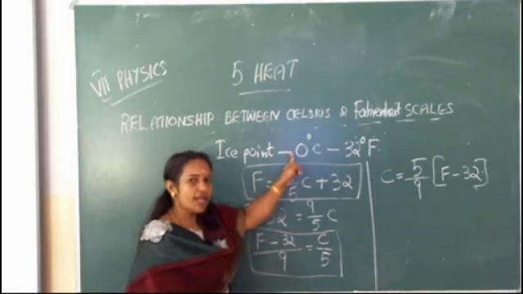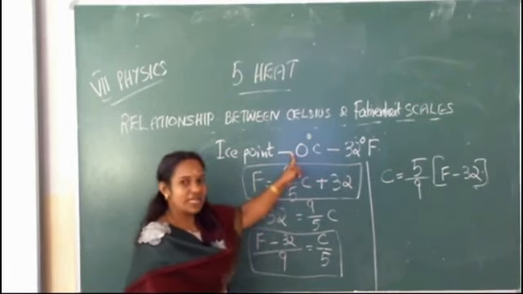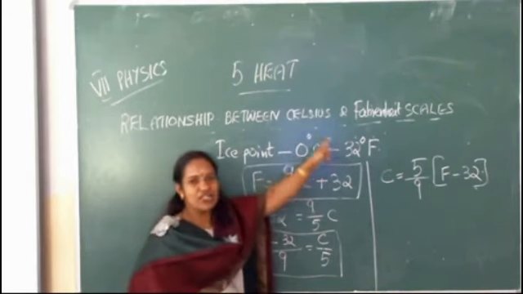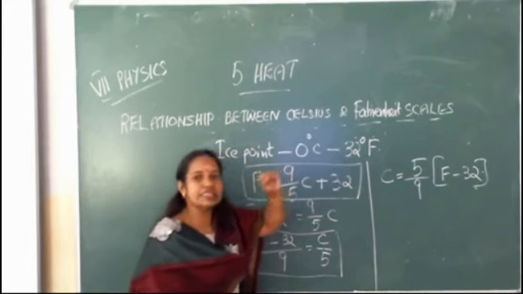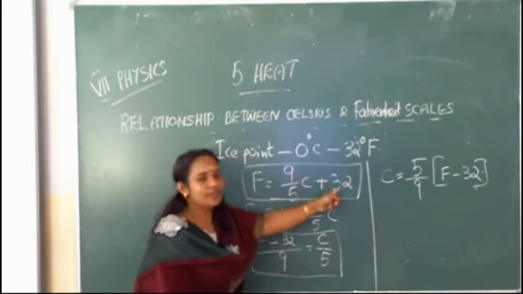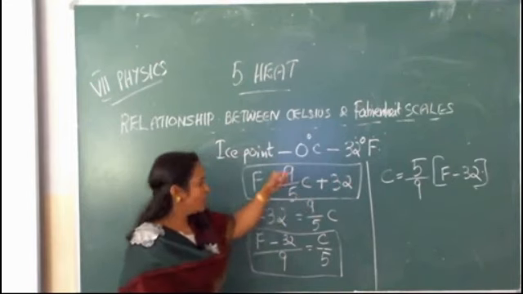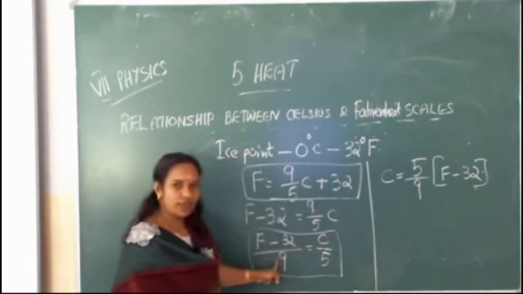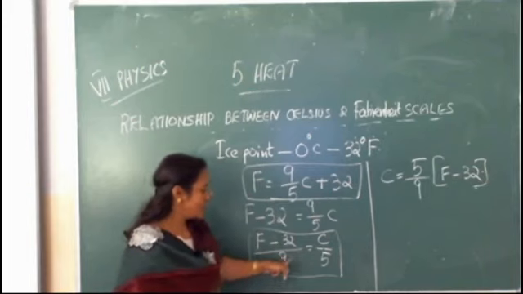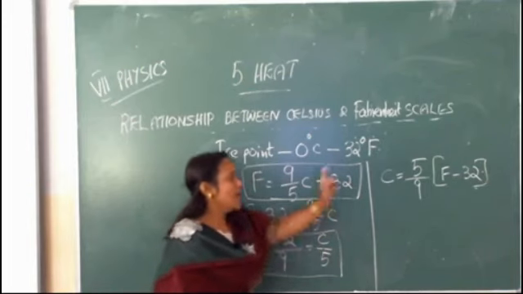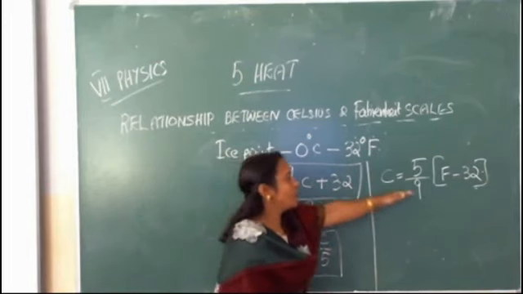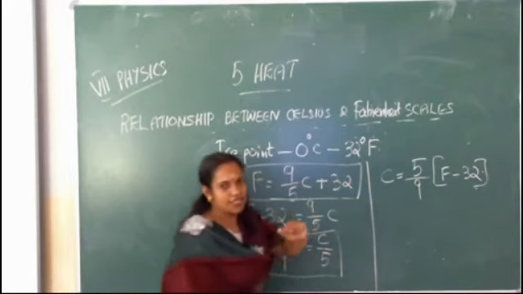Also we know that the starting temperature in Celsius scale is 0 but the starting temperature in Fahrenheit is 32. So just add 32. Then this is one form of equation. If you are rearranging, you will get another form, F minus 32 by 9 is equal to C by 5, and also we will get C equal to 5 by 9 into F minus 32.